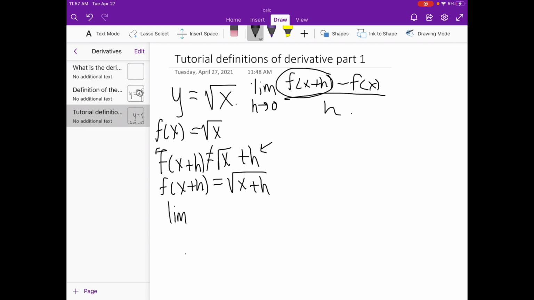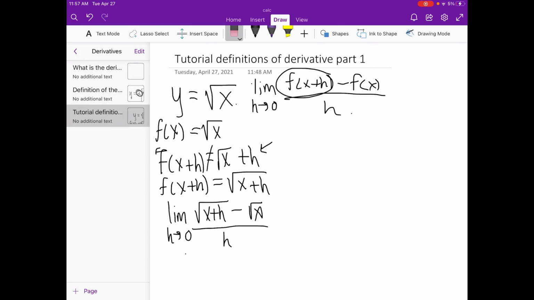Not this. Okay, so let's put everything together. We got our limit as h approaches 0 of root x plus h minus root x all over h.